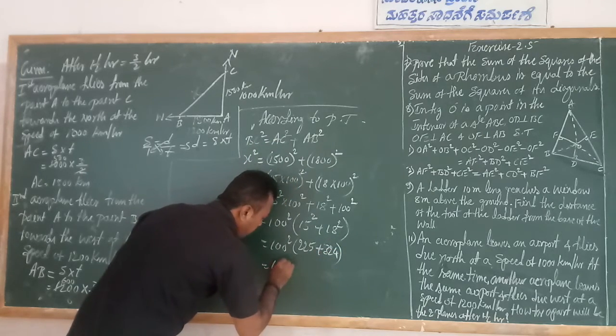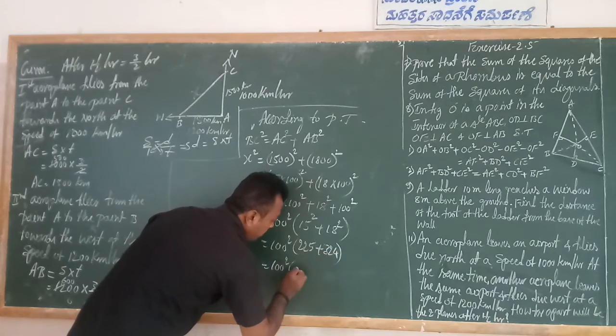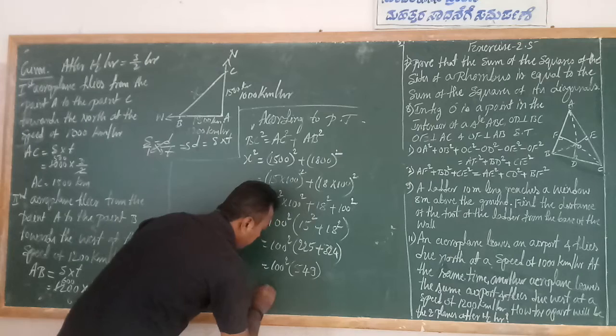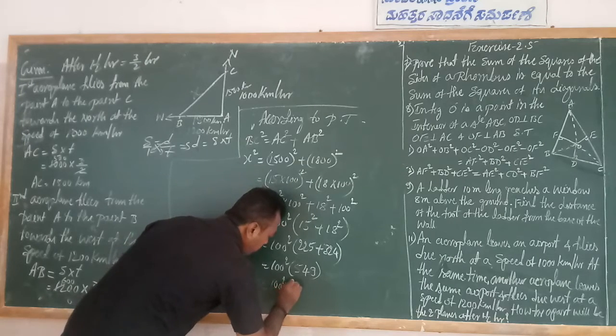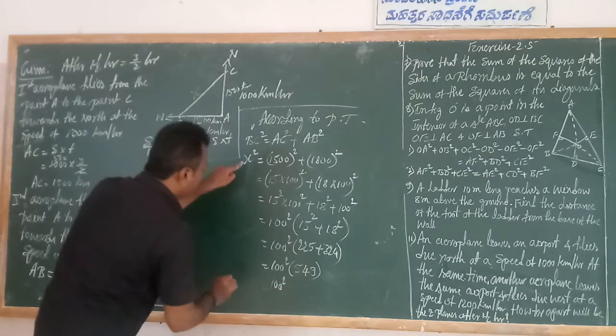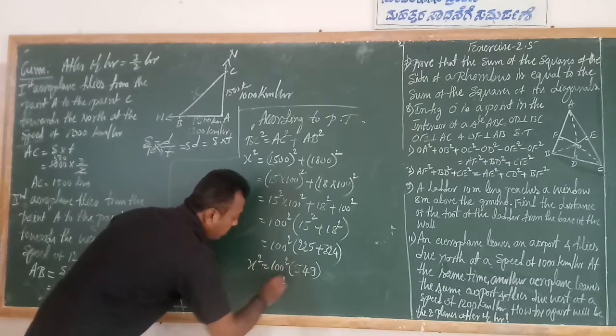So 100 square I will write as it is. 225 plus 324 is 549. So x square is equal to 100 square into 549.